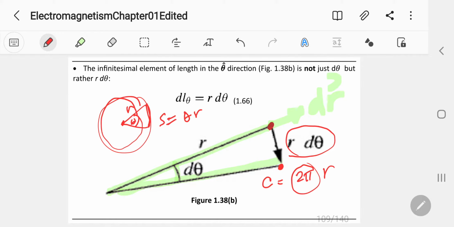How about for the phi hat? This is dr times r sine theta d theta. Oh, I'm sorry, this is not right.